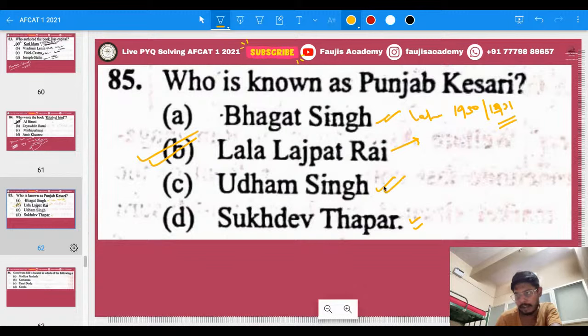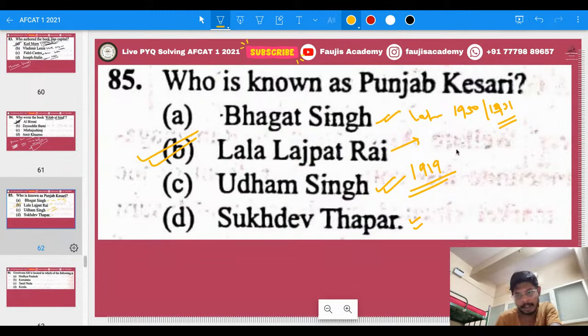Sardar Udham Singh took revenge on General O'Dwyer, who was the person who gave the order to fire in the Jallianwala Bagh, Amritsar.